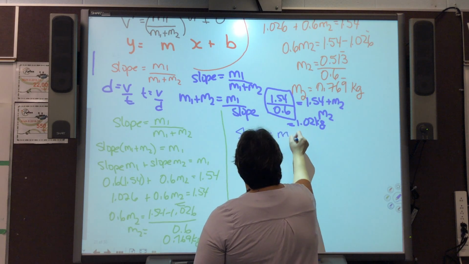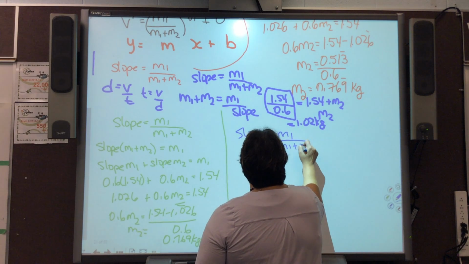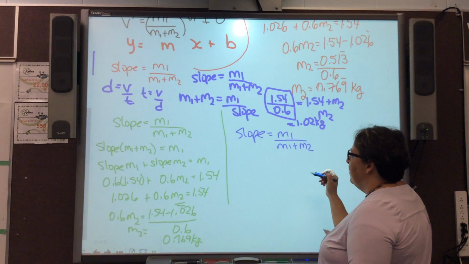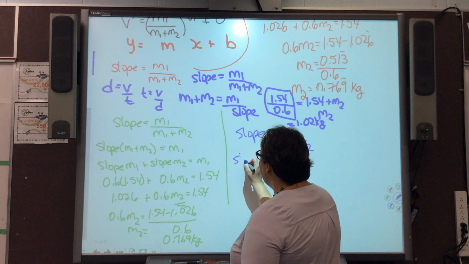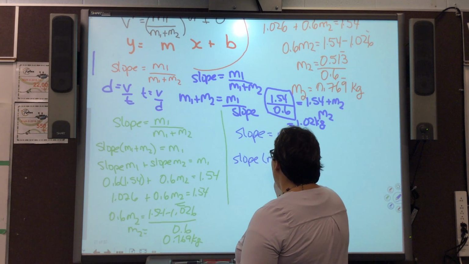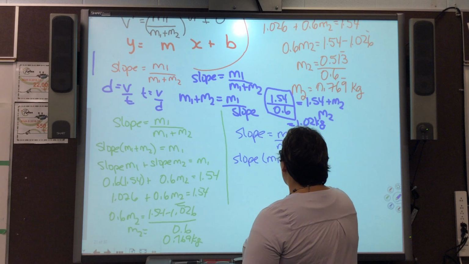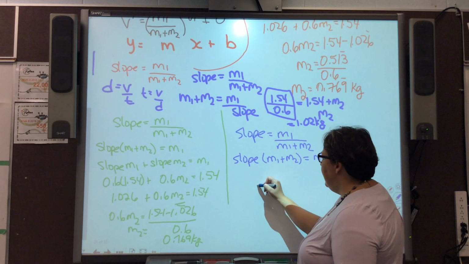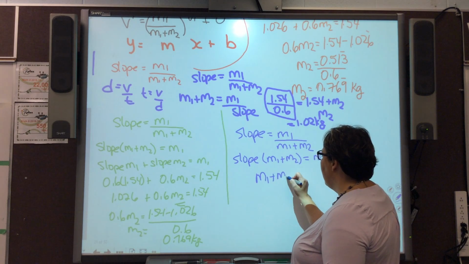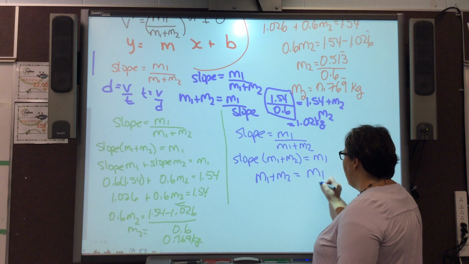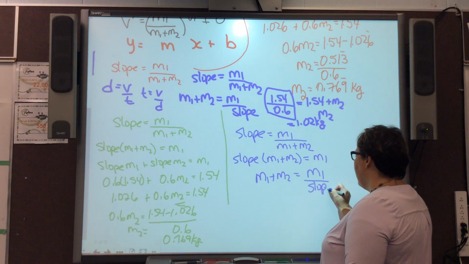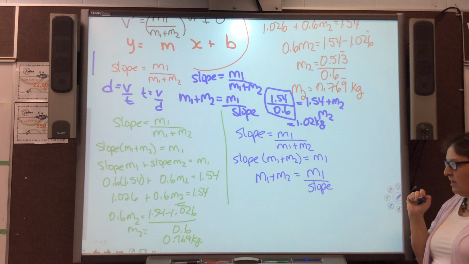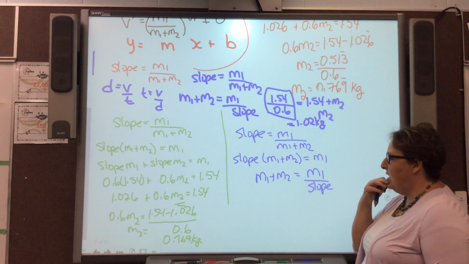Slope is equal to m1 over m1 plus m2. And m2 is ultimately what we're looking for. So if we go slope times m1 plus m2 is equal to m1, and we get rid of slope right away, okay, do you see that part? Okay, because I'm leaving this as a whole unit.